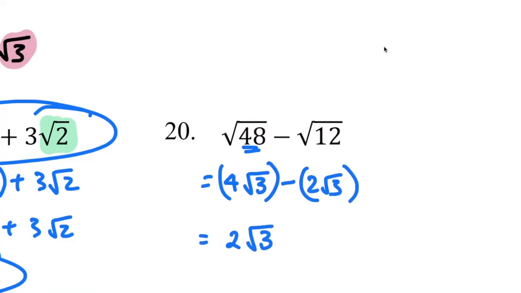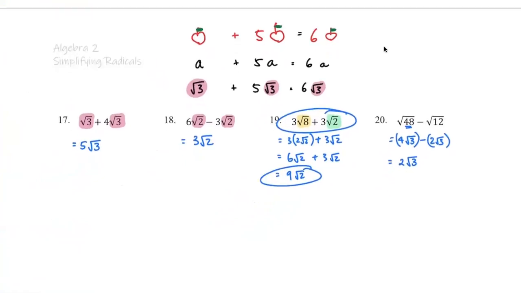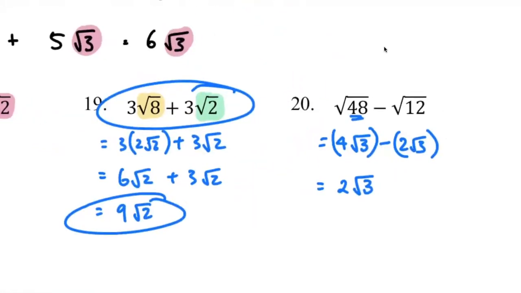Okay, so just a little recap right here. What happened in these 4 questions? Well, we're just trying to combine like terms. Okay, to put it in very simple terms, we just want to combine some like terms. But sometimes the like terms may not be so apparent, may not be so obvious. So you would have to simplify something before you can see the like terms.